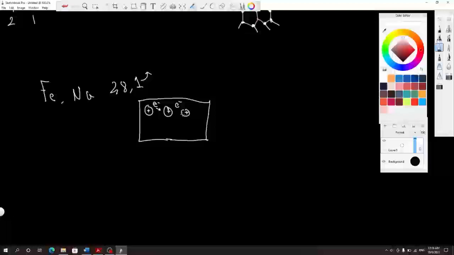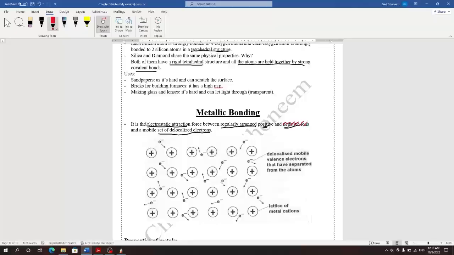Right? It's very normal because this is negatively charged and that's positively charged, so they attract each other. Okay? This attraction force is called the metallic bonding. Right? The metallic bonding is the electrostatic attraction force between regularly arranged positive ions and a mobile set of delocalized electrons. Right? So no negative ions.